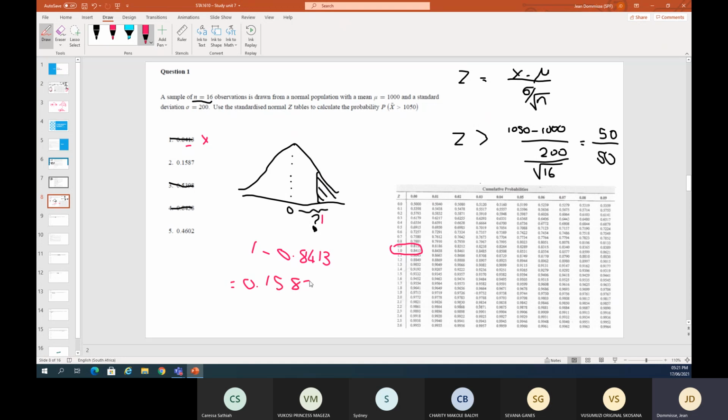But if we used the negative table and we looked at the probability where Z is equal to -1, we would have gotten 0.1587 as well. Okay, but I wanted to show that when you've drawn this already, you could eliminate a lot of the options without even calculating any of the answers yet.